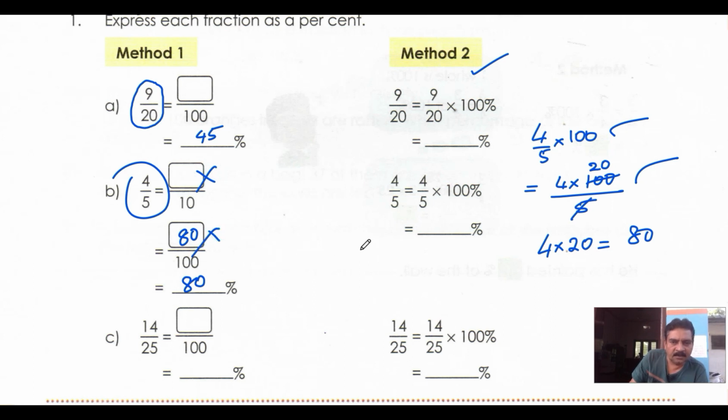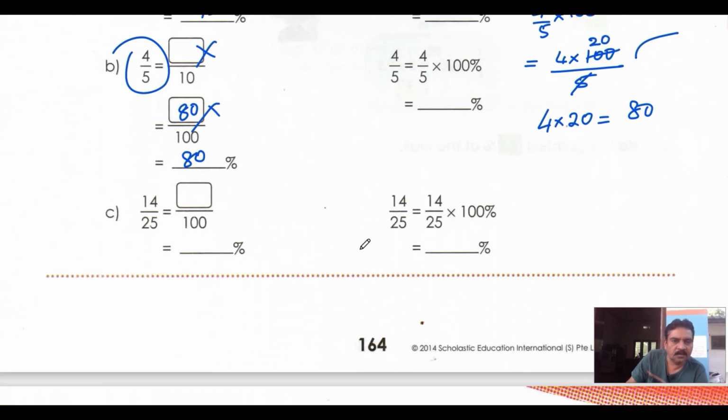Now let's come back to the next one, that is question C, 14 upon 25. You have to find out the percent. Means when there is no 100 at the denominator, then you multiply it with 100. Then 14 into 100 by 25.